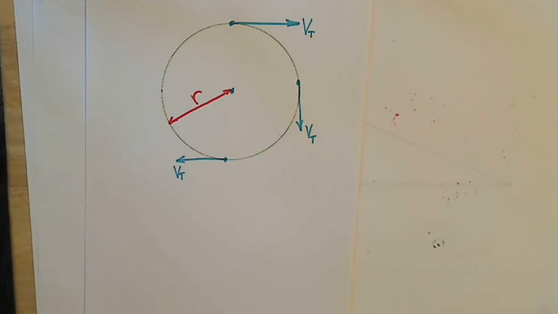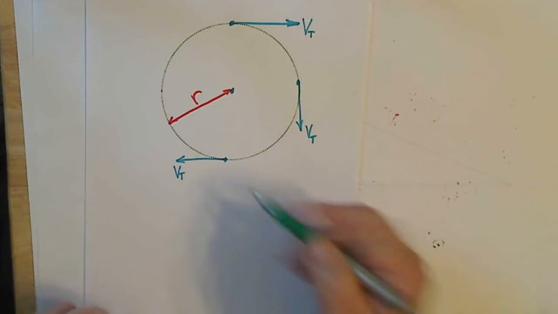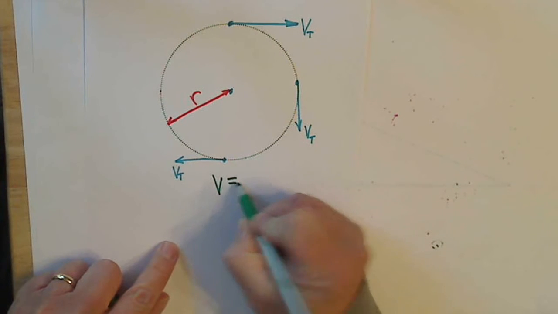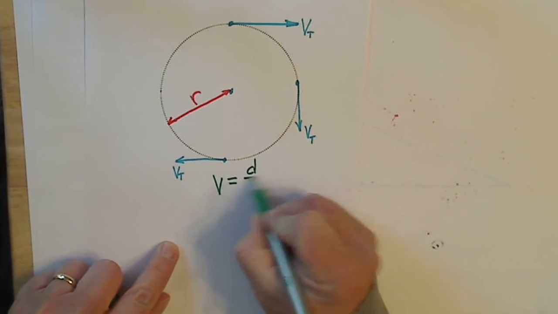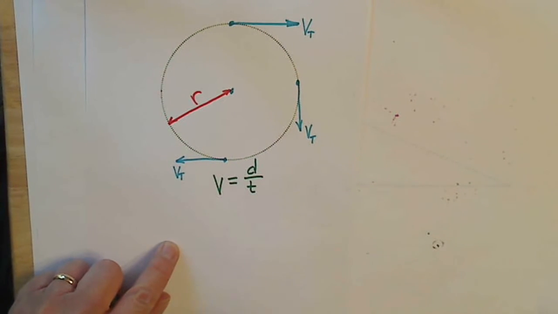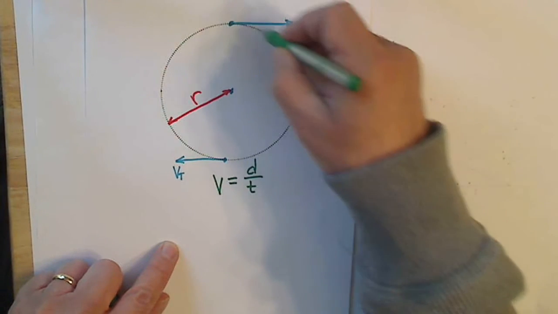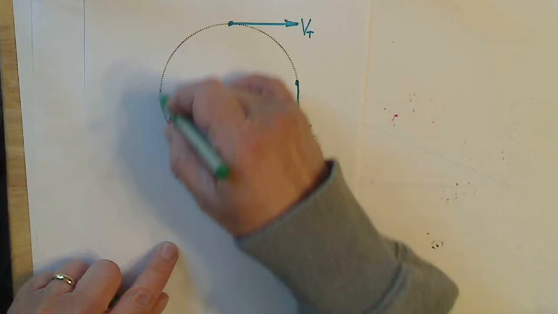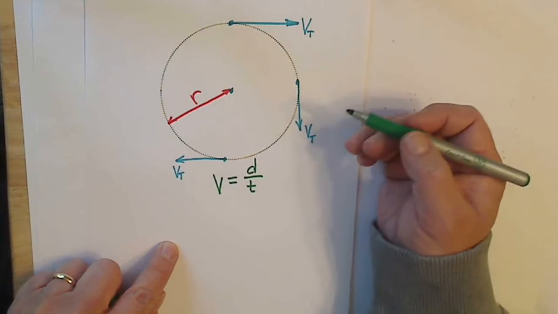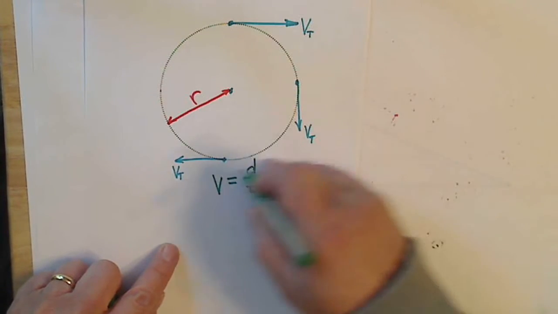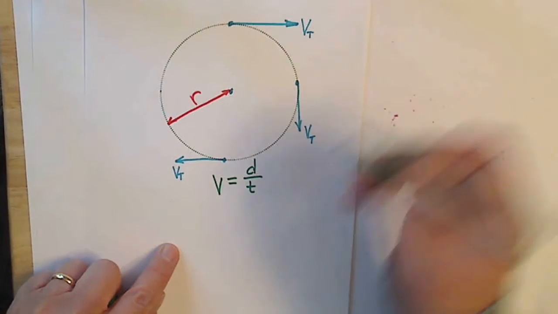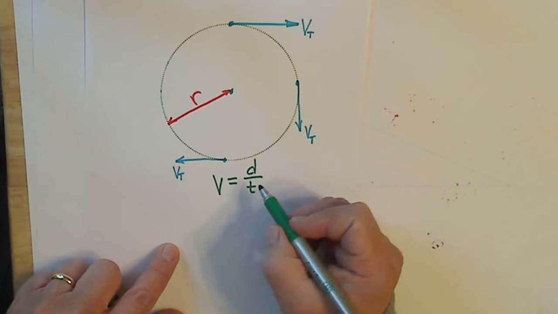Now, remember before when we calculated velocity, it was just distance or displacement divided by time. Now, when this object goes all the way around that circle, what distance has it traveled? Well, the distance around the outside of a circle, of course, you all remember, is the circumference.